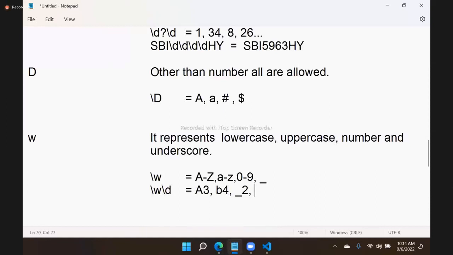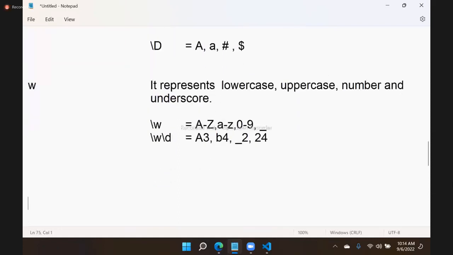It can be lowercase, uppercase. It can be 24. That is also allowed, because it can be a number also. So that is how you use the combination. So lowercase and uppercase. One more important thing here is we can use uppercase W.